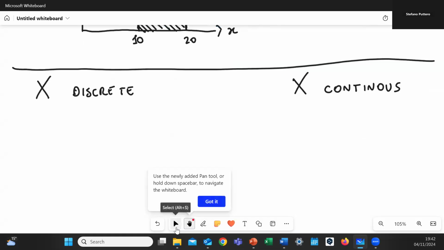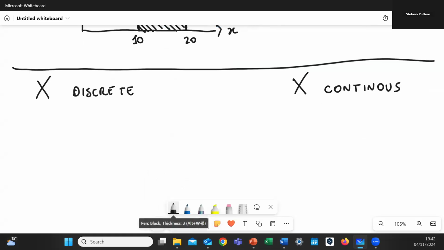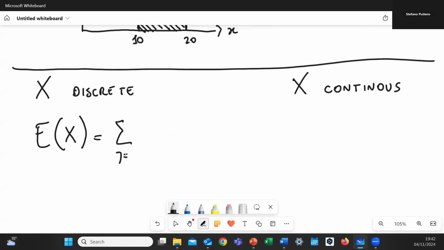If we are dealing with a discrete random variable x, the expected value E of x is equal to the sum that goes from j equal to 1 to N, where uppercase N is the number of mass points, of the specific mass point x_j multiplied by its probability, so probability of x_j.